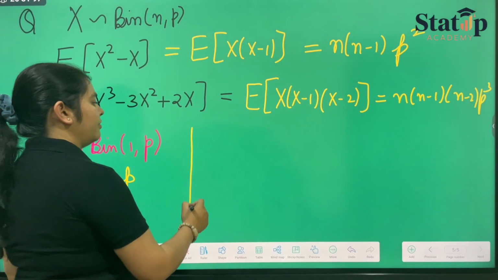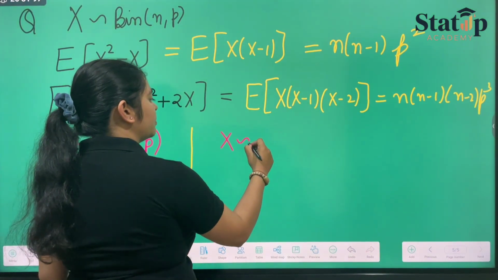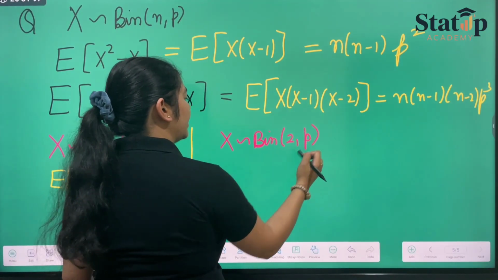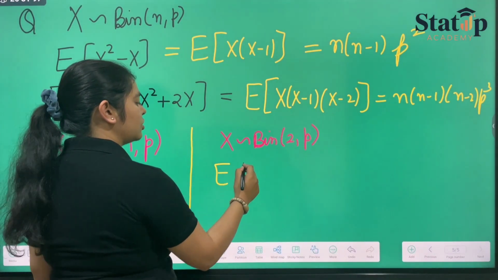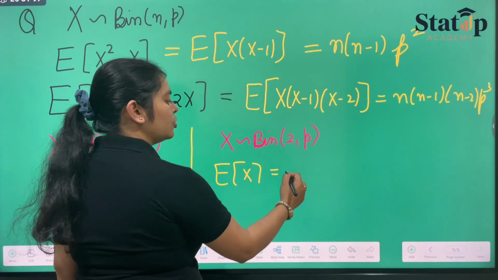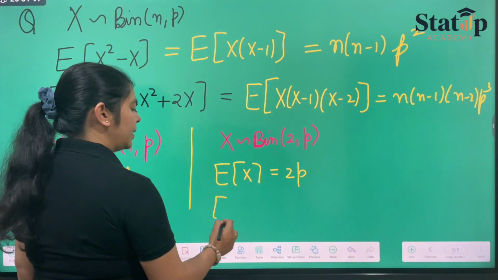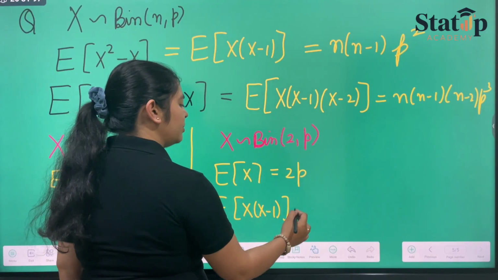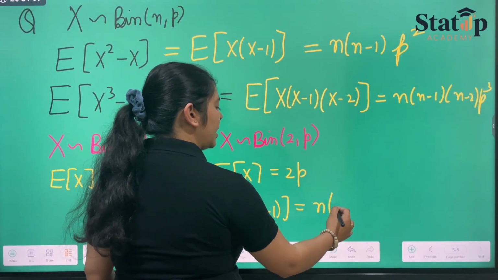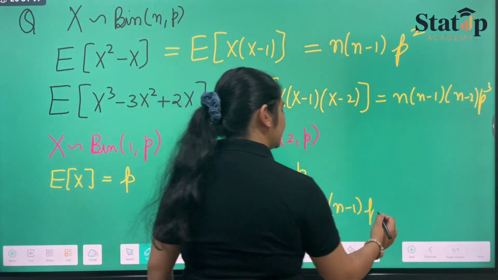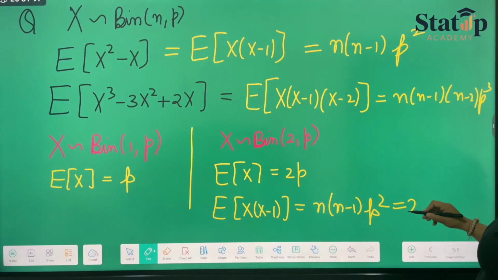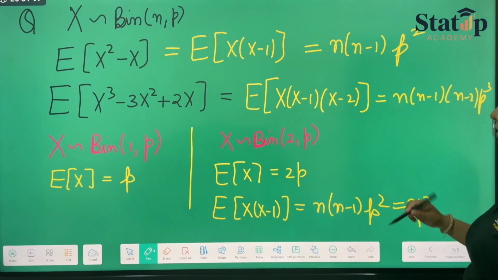And if we have x follows binomial with parameters 2 and p, then expectation of x will be equal to np, which is 2p. Expectation of x into x minus 1 will be equal to n into n minus 1 into p square. n is 2, so 2 into 2 minus 1, p square will be 2p square, right?